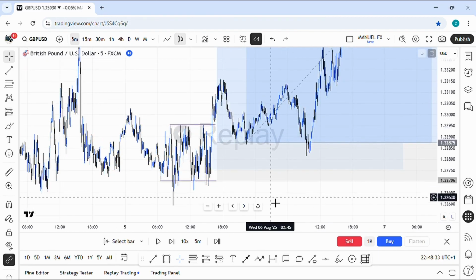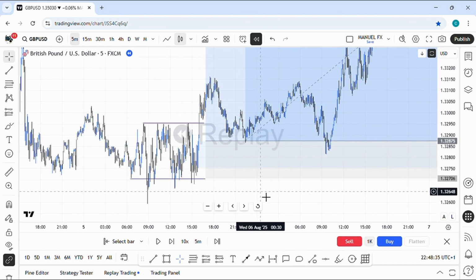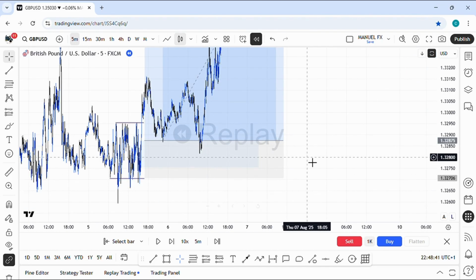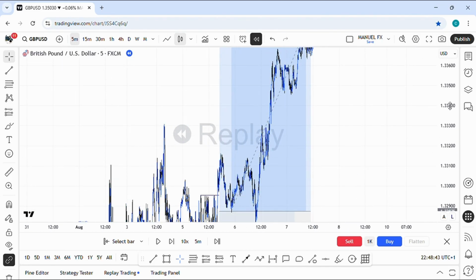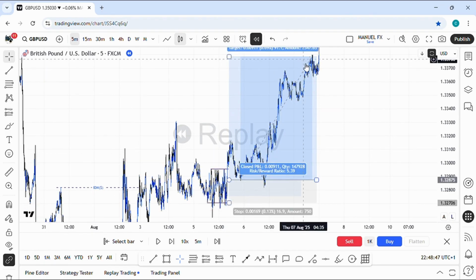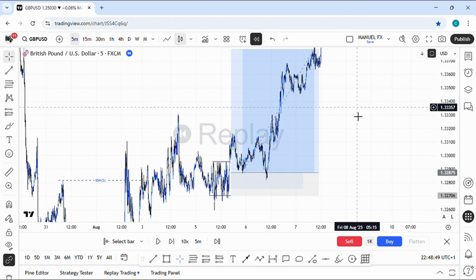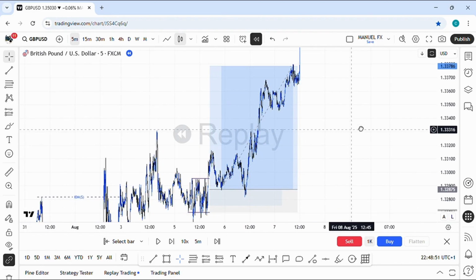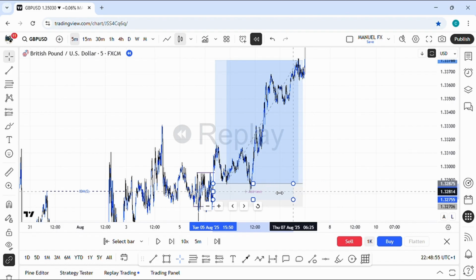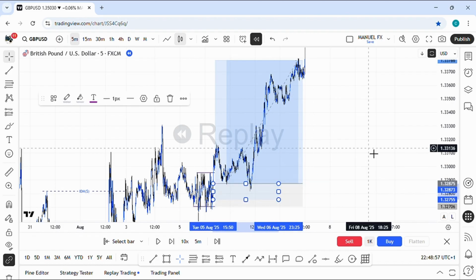So knowing fully well, I expected price to come back down, tap me in, and then move in my direction. As you can see, price respected, came back, tapped me in, and then boom, moved in my direction and gave my take profit. This zone is what we call point of interest.